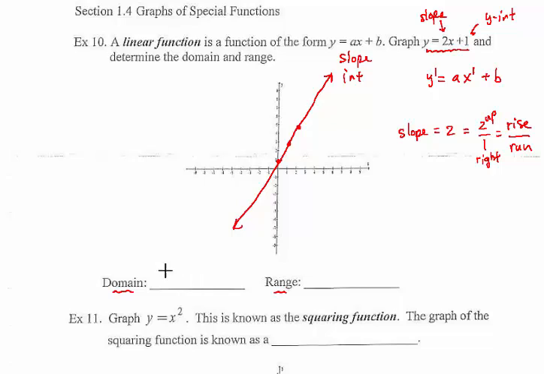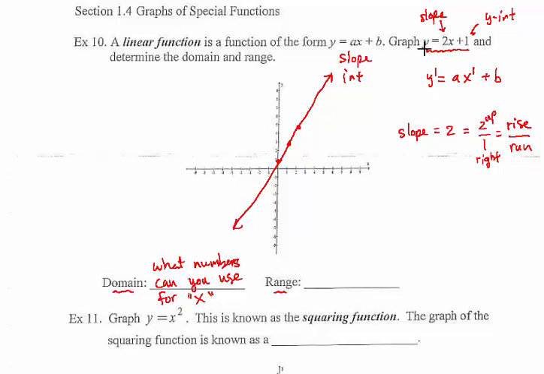And so what is the domain and what is the range? Well, the domain is simply what numbers can you use for x?